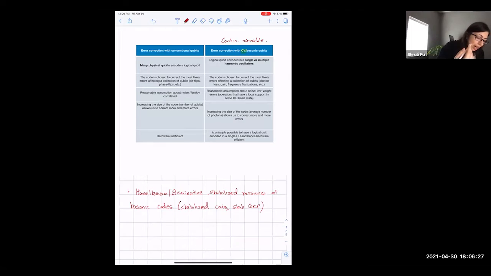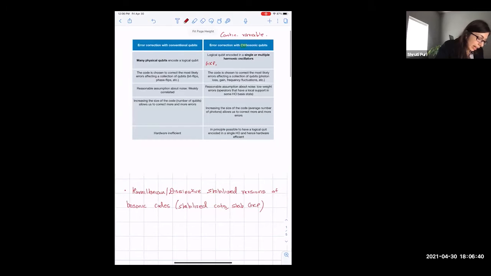There are many types of bosonic qubits. I'll quote some famous ones here. The GKP qubit, which is the Gottesman-Kitaev-Preskill qubit. Then we have the binomial code or binomial qubit. Then we have rotation symmetric codes. You have Kerr-Cats. You have a whole bunch of things, cat codes, all of that, right?